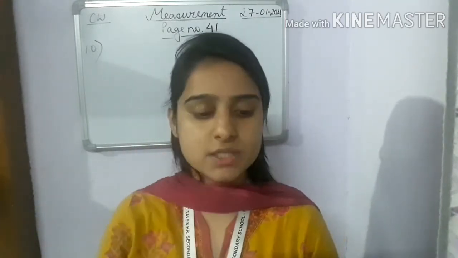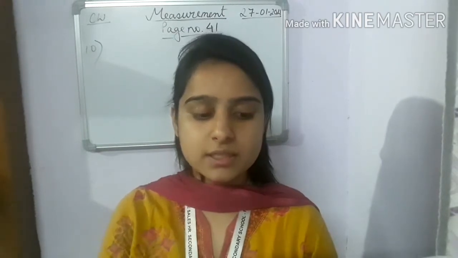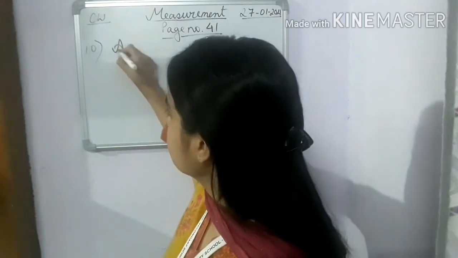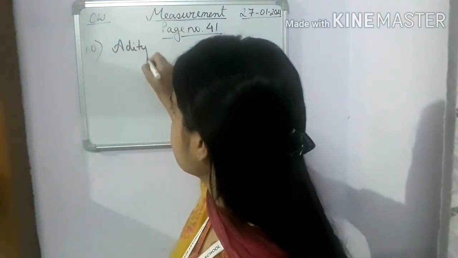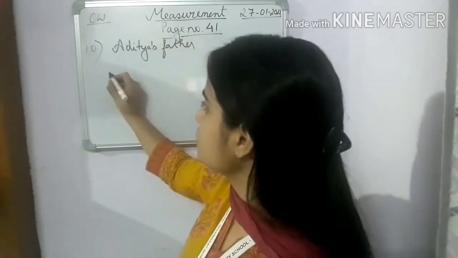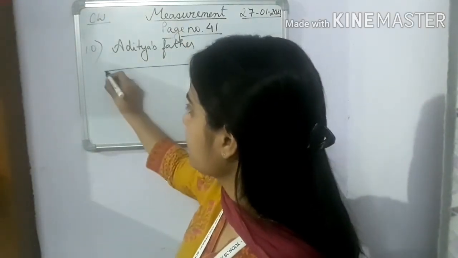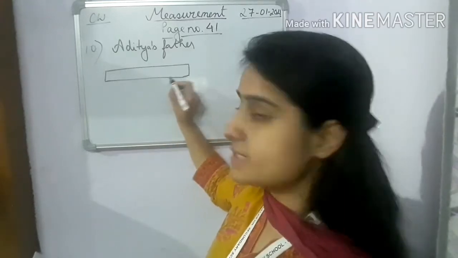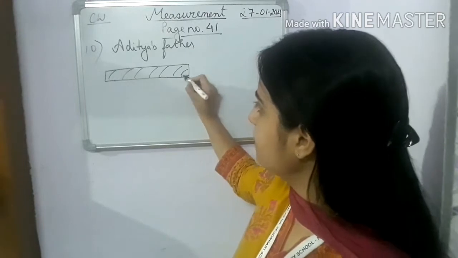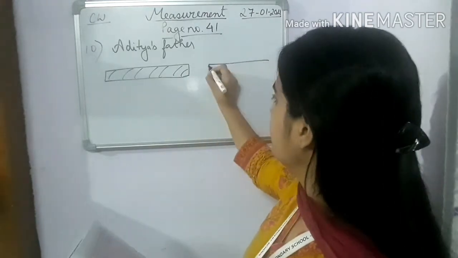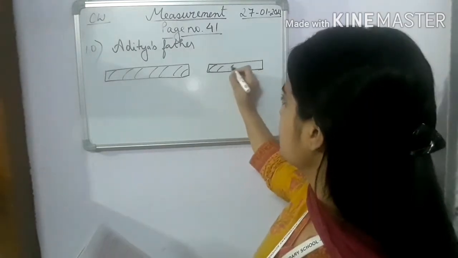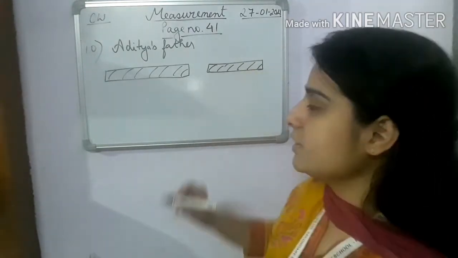The first line is what? Aditya's father has two ropes. Okay? Try to understand, children. One rope, and here comes the second rope.